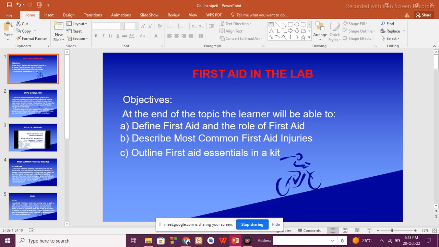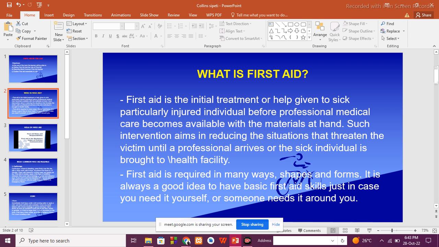So then, to start off, let us first of all define what is first aid. First aid we define as the initial treatment given to a sick or injured person before professional medical care becomes available, with the materials at hand.